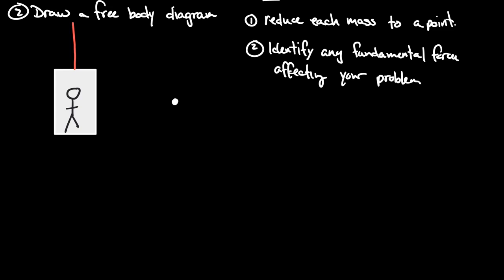So to identify it, you draw an arrow in the direction in which the force acts, proportional to what you believe the force's size should be, which is why I would always begin with the weight if you can. So draw an arrow in the direction of the weight.